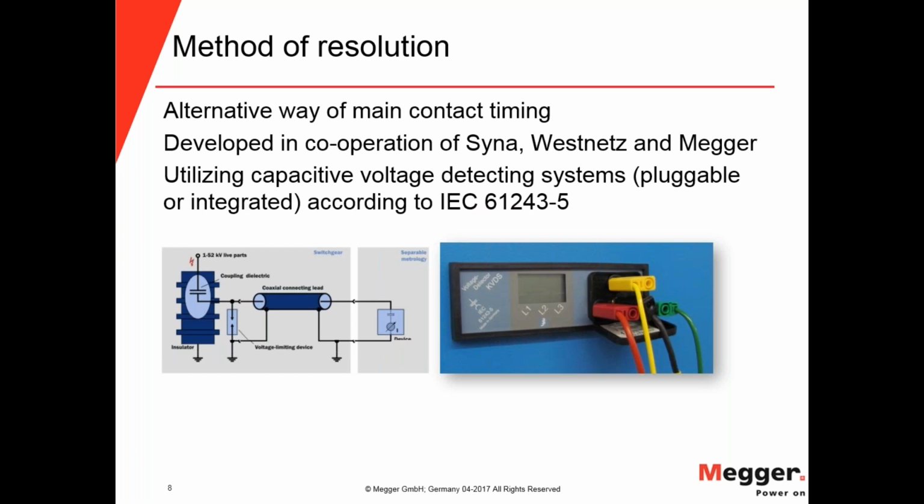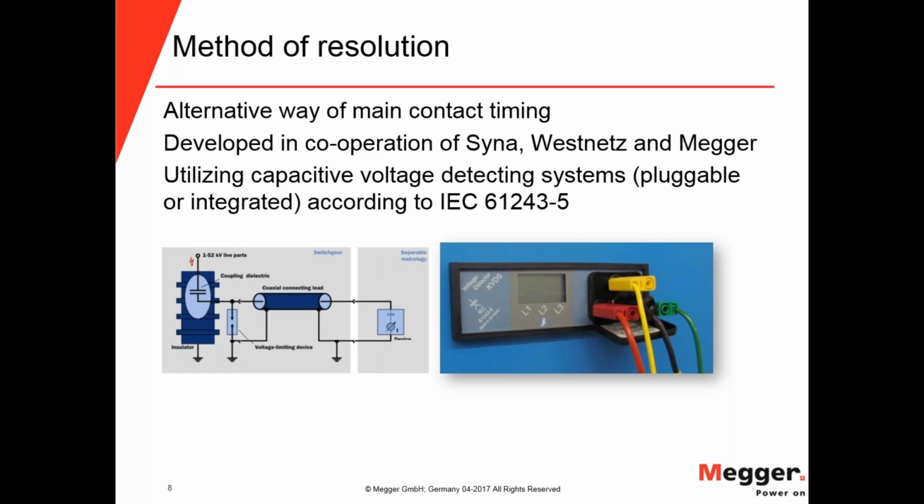It is actually a capacitive interface, a capacitive voltage divider. Here you have your primary circuit, and you have a capacitor here, and an overvoltage protection, and a coaxial cable that works as a capacitor as well.